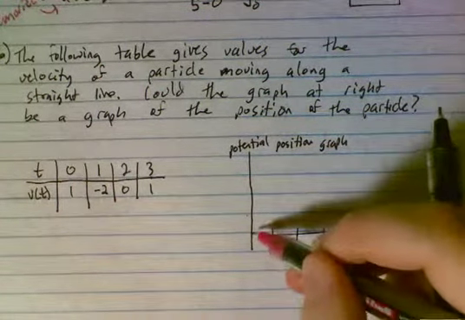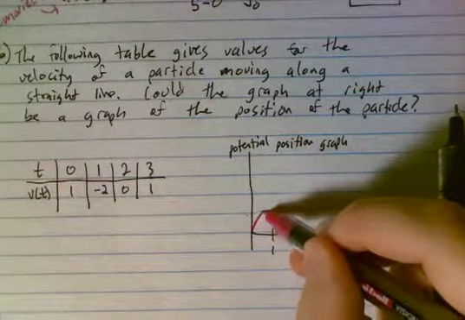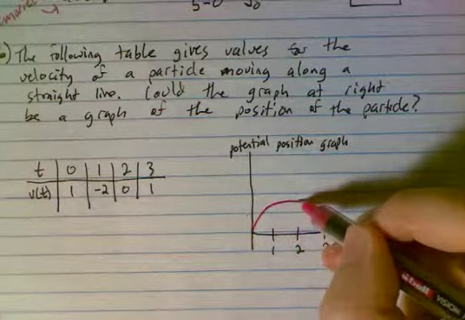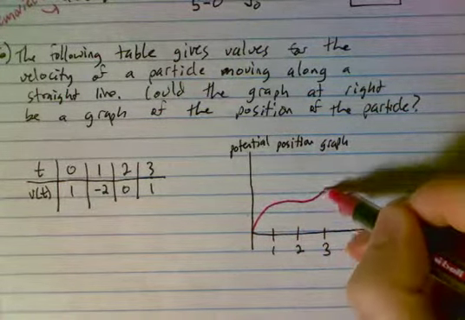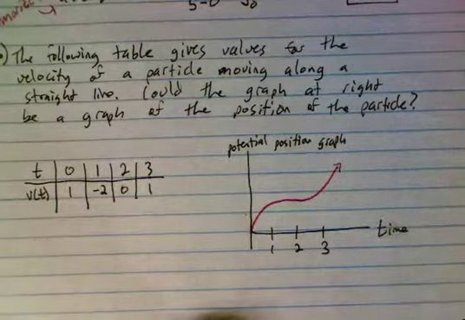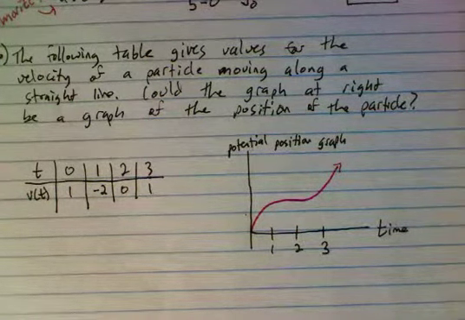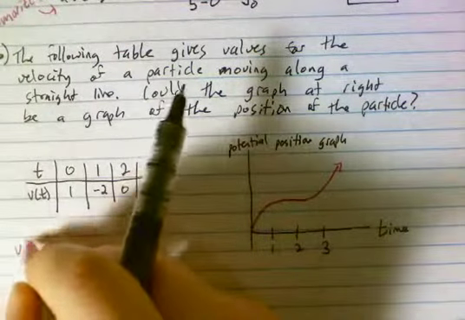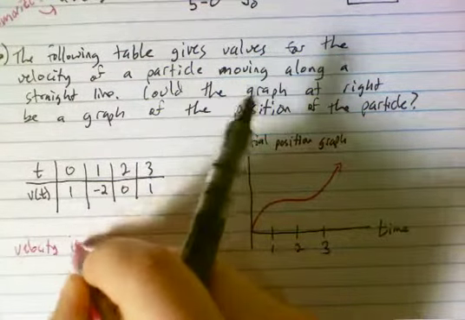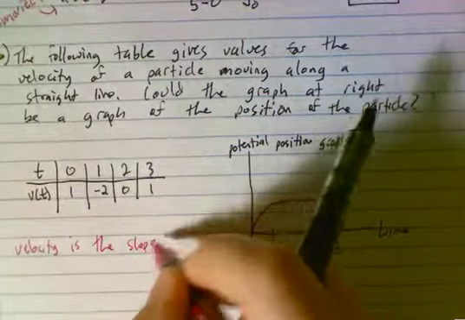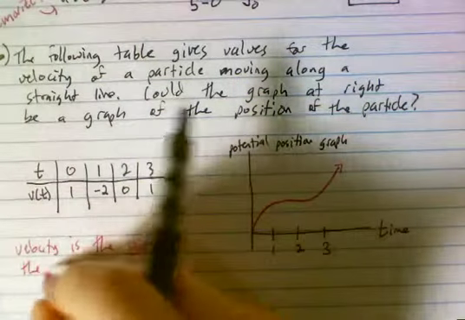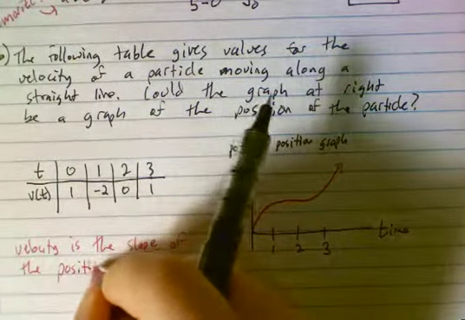And it starts out like this. That kind of curves up over there, flattens out, curves back up again. So, one of the key things to remember, velocity is the slope of the position graph.